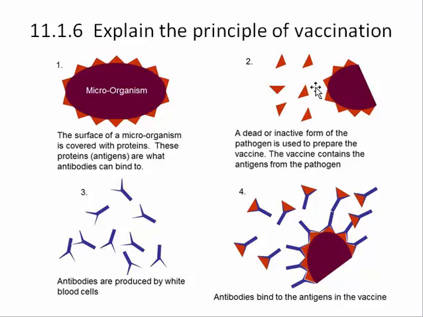You inject this into some other host, usually eggs for vaccinations, which produce antibodies to these antigens, and then you harvest the antibodies that are produced by the white blood cells. Now these antibodies can bind to the antigens that are presented by the pathogen.